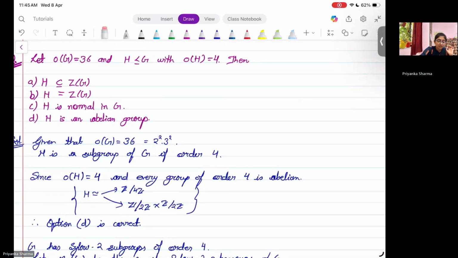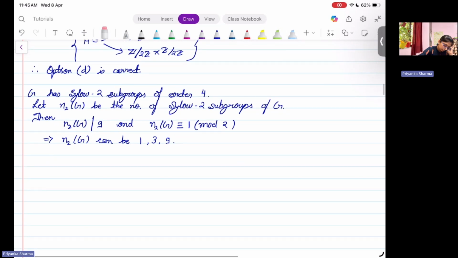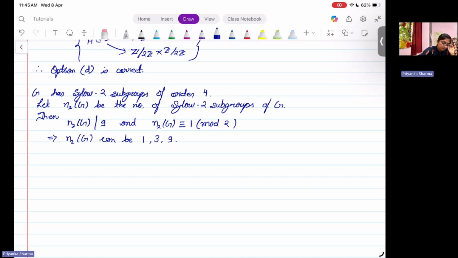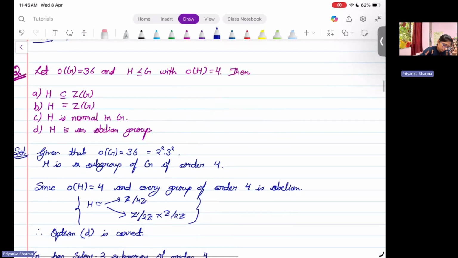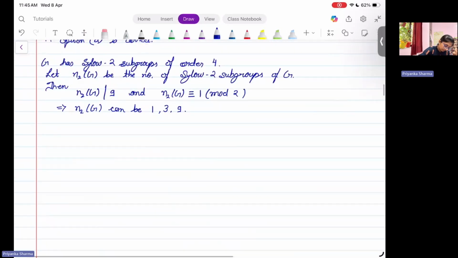So G can have two possibilities: either it is abelian or it is a non-abelian group.